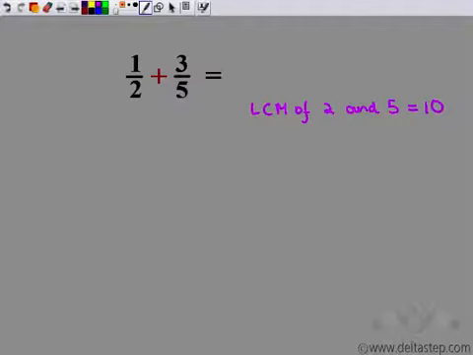How do I do that? I have 1 by 2. To make the denominator 10, I'll have to multiply by 5. So if I multiply the denominator by 5, I'll have to multiply the numerator also by 5. So I get the other fraction. Let's look at the other fraction now, which is 3 by 5.